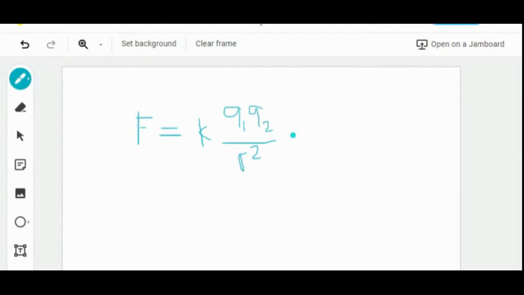Let me repeat again. We need to transform the equation into Q, wherein Q is the variable that we need to find.